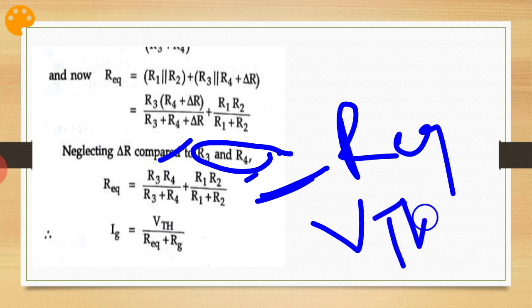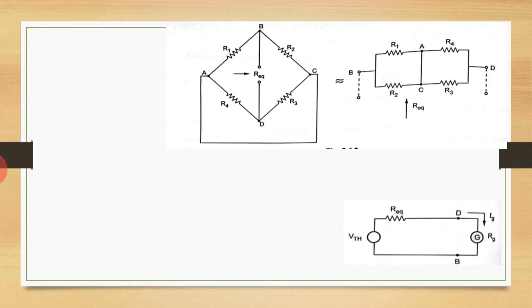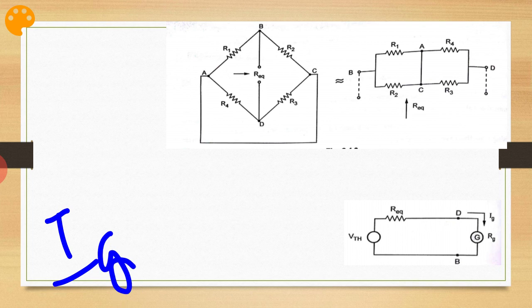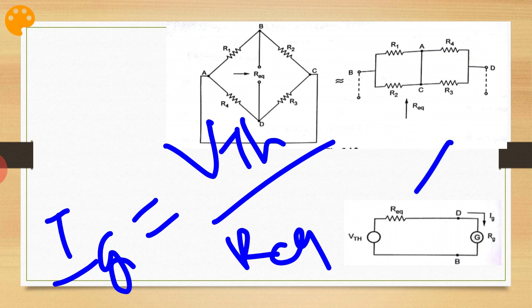Earlier we obtained VTH, the Thevenin's voltage. Substituting here, the galvanometer current Ig is equal to VTH divided by R equivalent plus Rg, where Rg is the galvanometer resistance. In this figure, the R equivalent is in series with the galvanometer, so we consider the galvanometer resistance as well.